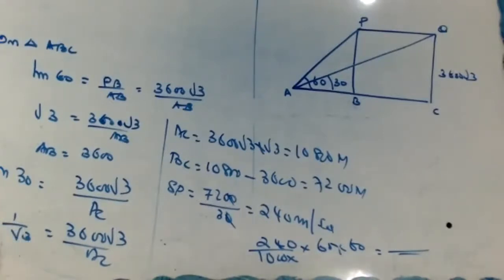Next, let ABC be the horizontal line through A. This is enough.